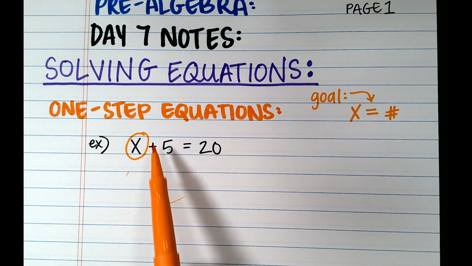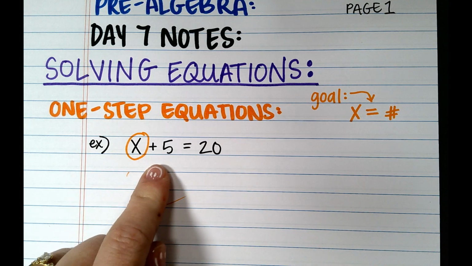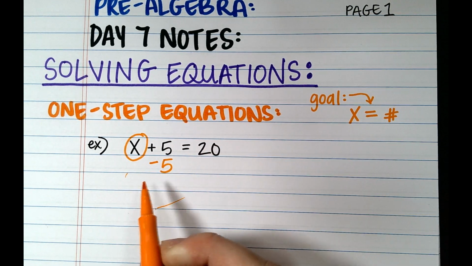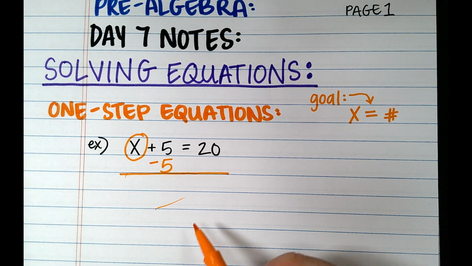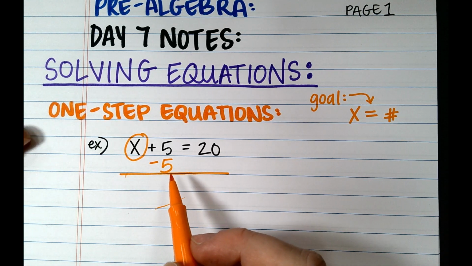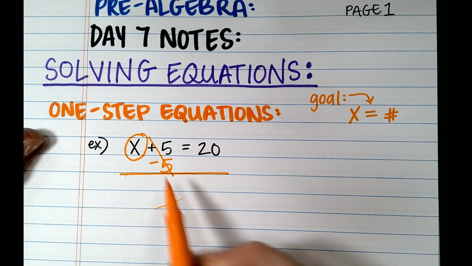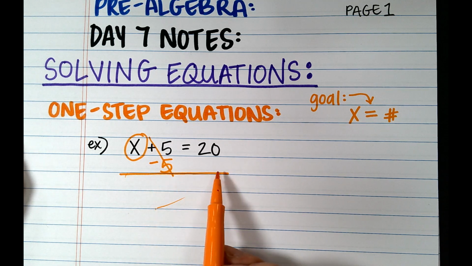How do I get rid of plus 5? We want to cancel it by subtracting, because that's the opposite. Minus 5. Now, did I keep my equation equal just now?